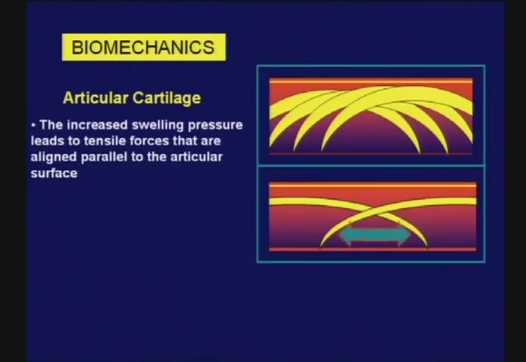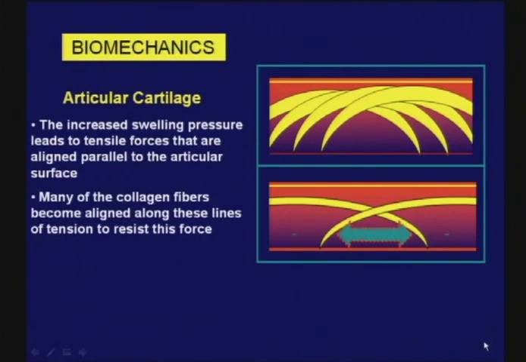So let's go back now to see what happens as we have compressed the surface of articular cartilage. Now you can see that with compression on the surface, we are going to get increased swelling pressure in the chambers beneath the collagen, or between the collagen fibers, in this particular way. And this creates tensile force on the sides of each of these chambers. These forces are aligned parallel to the surface of the articular cartilage.